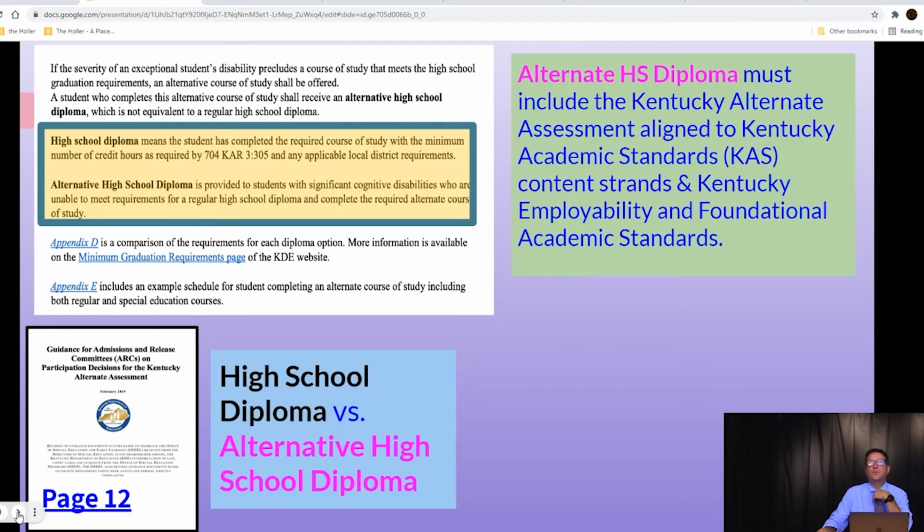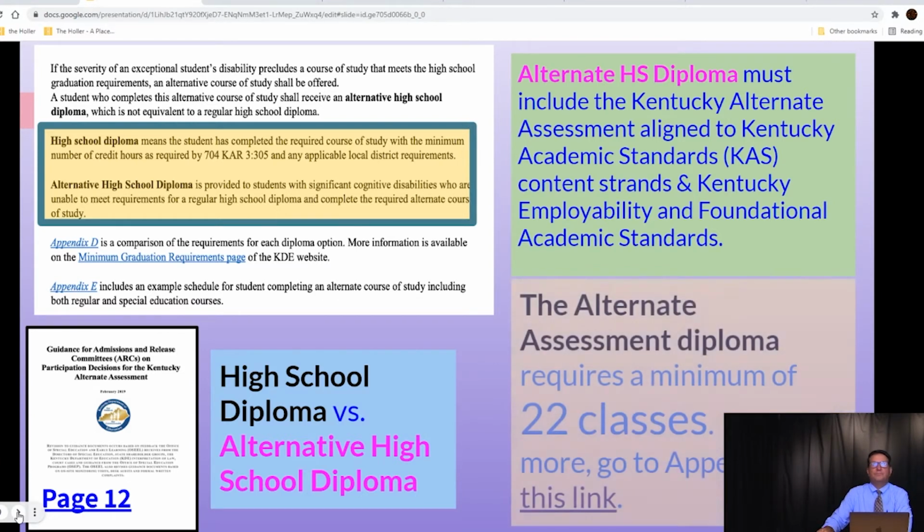The alternate high school diploma must include the Kentucky alternate assessment aligned to the Kentucky academic standards and the content strands of Kentucky employability and foundational academic standards. So we have to make sure that when we're developing the IEP, we understand that we're providing that access, and we're providing those big rocks around those standards, that the standards are the same, and we're providing that big rock understanding around those particular foundational standards that are mentioned here.